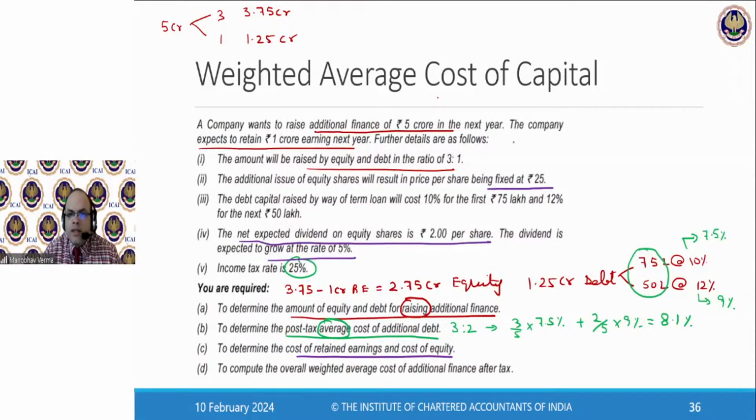So my formula is D1 upon P0 plus G. Now the word here is net and not next. They mention net expected dividend, not next. So 2 into 1.05 is what we are looking at. So 2.1 upon 25 plus 0.05.